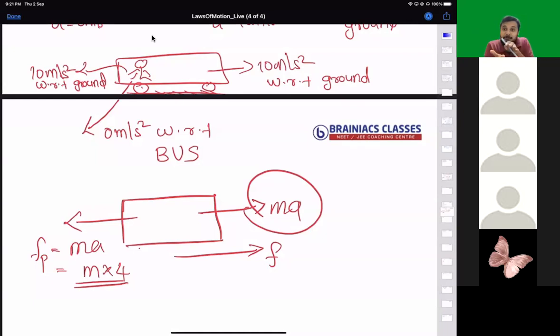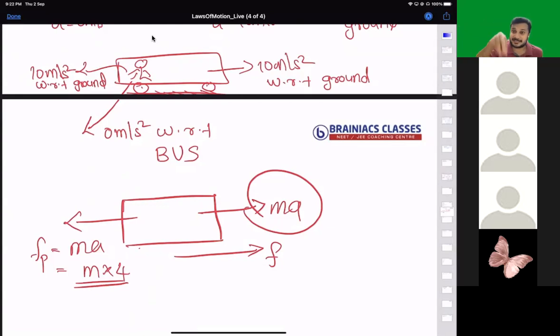That is, the box does not slide on the truck; it is at rest. The box is at 4 meters per second square, the truck is at 4 meters per second square, so the box is at rest with respect to the truck, not with respect to the ground. With respect to the ground, it is 4 m/s²; with respect to the truck, it is 0 m/s².